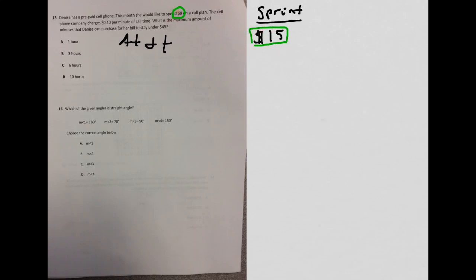I think they're the same, yep. $15. And then the company charges $0.12, so 12 cents per minute. So this is the initial fee or charge, and this is per minute.